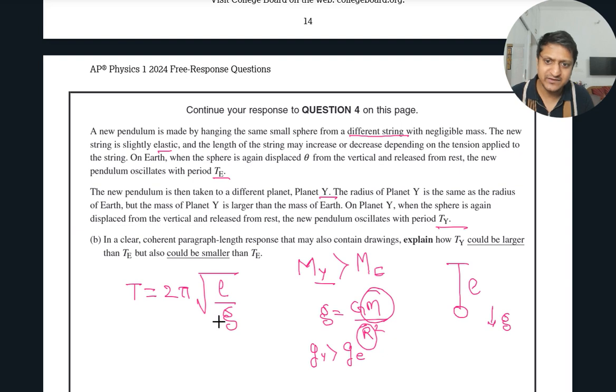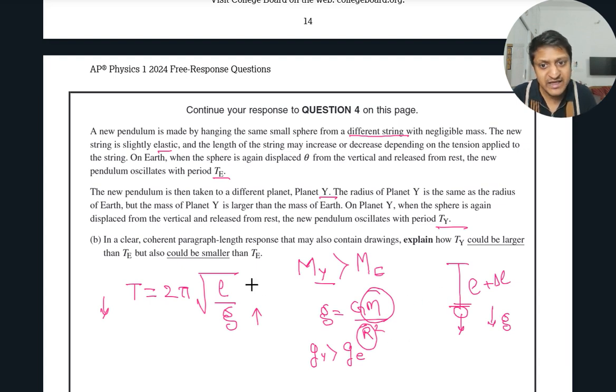In that case, if gravitation increases, the time period will decrease because it is inversely proportional. But if the gravitation pull is more, the string will get more extension. There will be extension in the string.